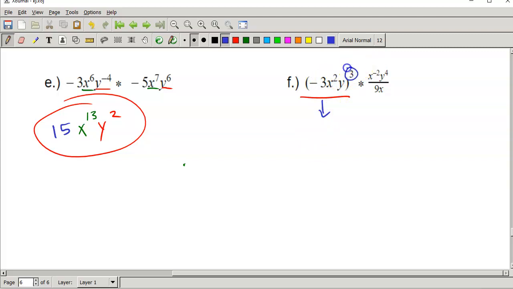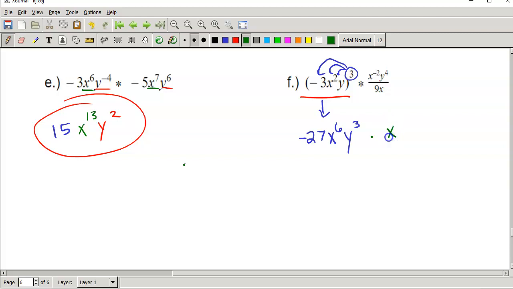So this 3 is going to be the exponent of all 3 of those terms. So I'm going to say this is going to be negative 27, because negative 3 to the 3rd power is going to be negative 27. Then I'm going to have x to the 2 times 3, 6, and then y to the 3. So I'm going to multiply those out.